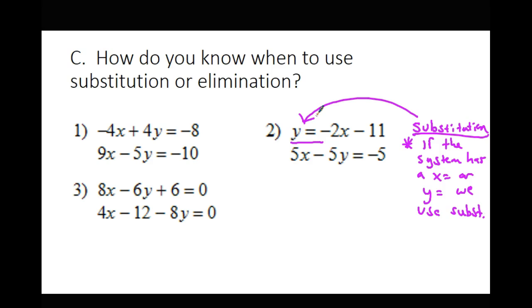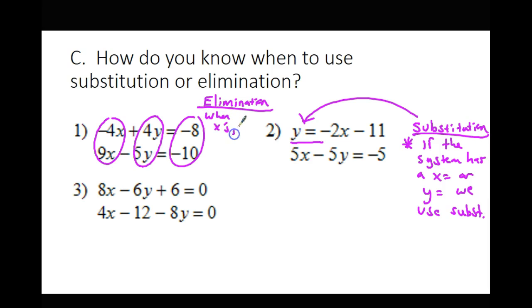Number 1. So I want you guys to circle this. You see how the y's and x's are lined up and the numbers are lined up? That is when you're going to use the method we'll learn tomorrow, called elimination. That's an elimination question.